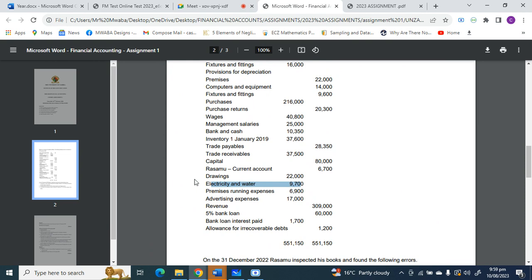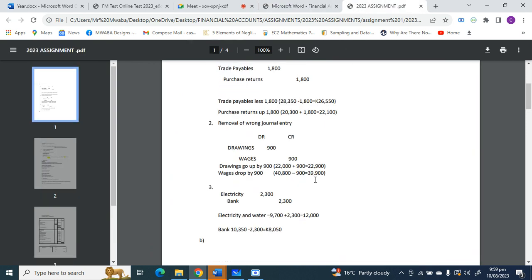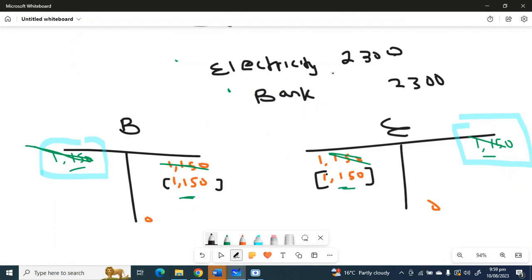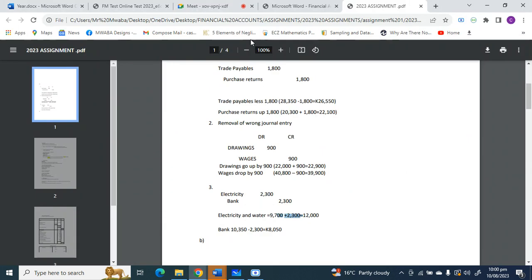This is an expense account. There's been a debit entry of 2,300, so you're going to add 2,300 to this amount. If you remember, in our error correction, we're debiting electricity 2,300. So we add it to the expense. Then the bank account, you need to credit 2,300.